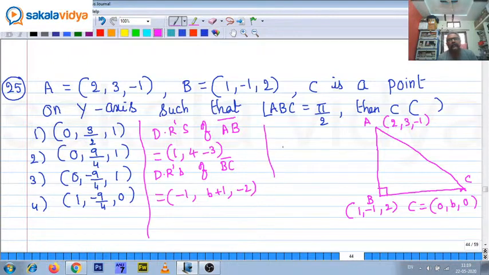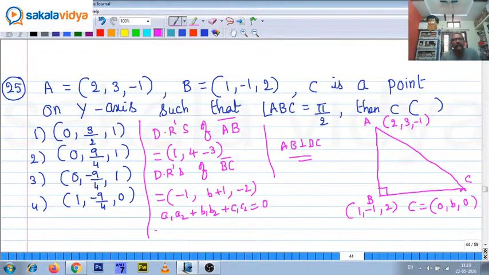Here actually AB perpendicular to BC. This is a1, b1, c1, a2, b2, c2. You get this condition: a1 a2 plus b1 b2 plus c1 c2 must be 0. This condition we need to apply. Yes, dot product also 0. That also we can do it. No problem. Dot product is same 0.